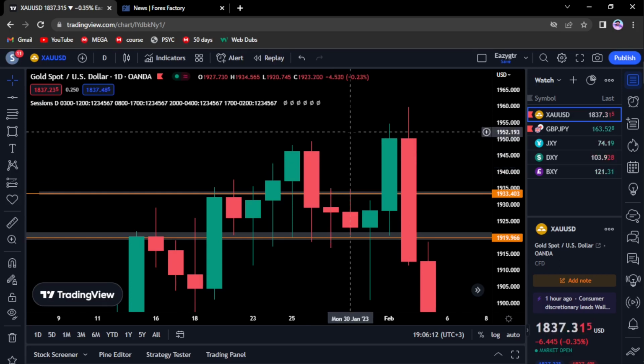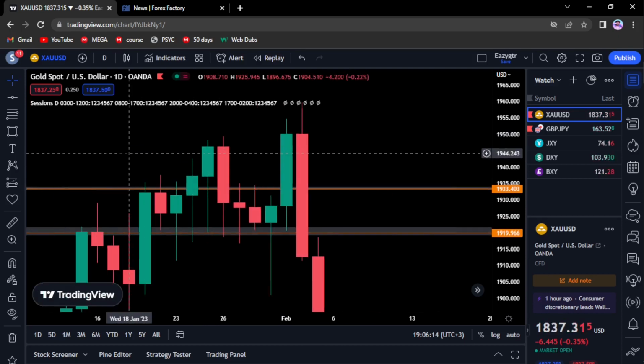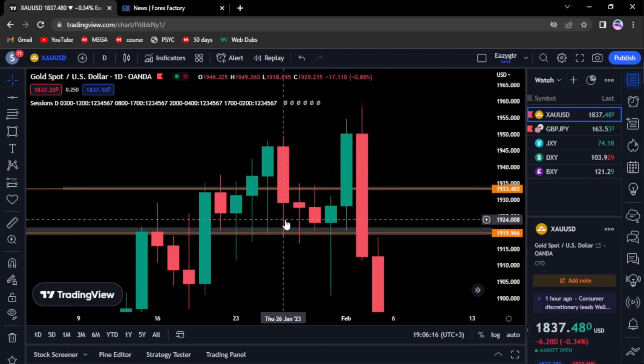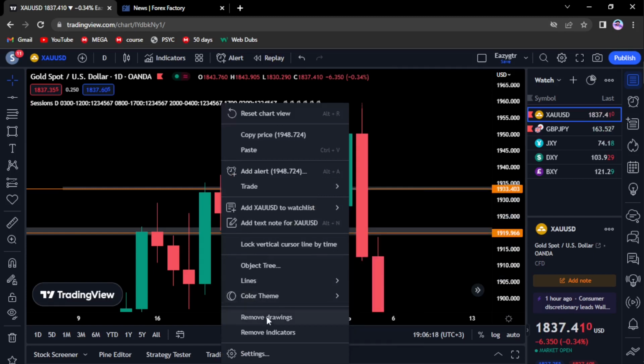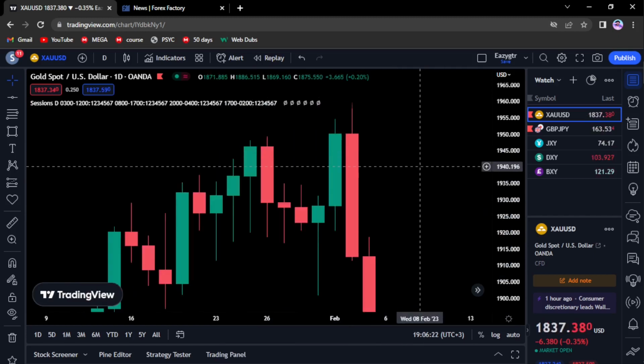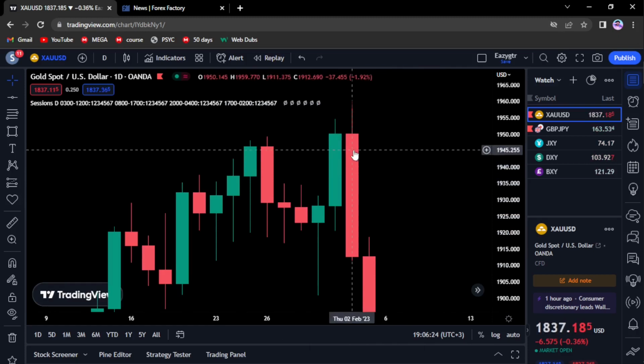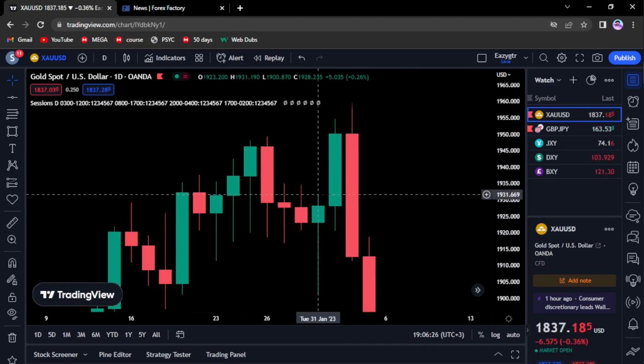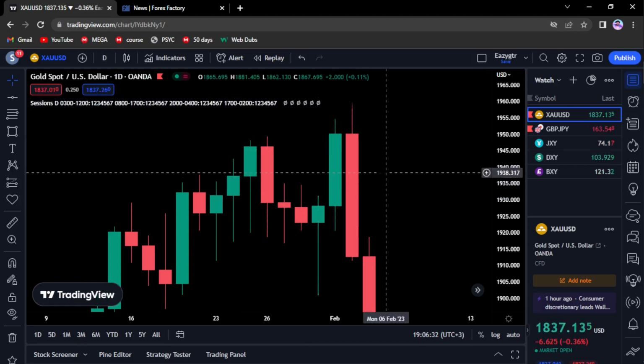Okay, so as we finalize, here is my last scalping entry. Let me remove these drawings. So how will I enter while price is breaking the highs of the previous candles?